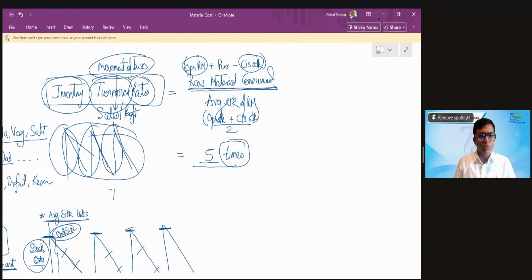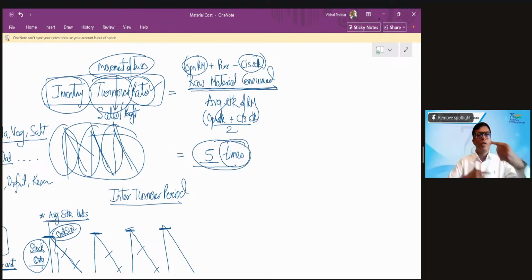And linked to this is my inventory turnover period. Once I find out the ratio, meaning the number of times my inventory is going to rotate in the year, the next will come: what will be my inventory turnover period?